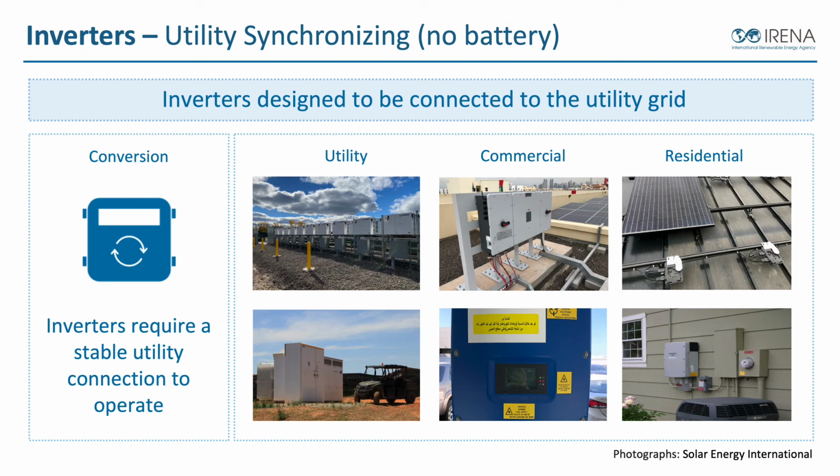And so that's a way to have small to mid-sized systems on homes. The photo in the bottom right corner is a mid-sized string inverter. So we could take maybe a 5 kilowatt solar array, connect it to our utility system at our home, and push that energy into our electrical grid. So we see inverters that are utility synchronizing in a number of different shapes and sizes that are all designed for different applications.